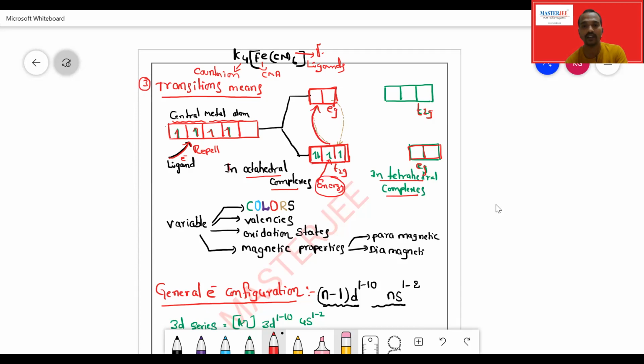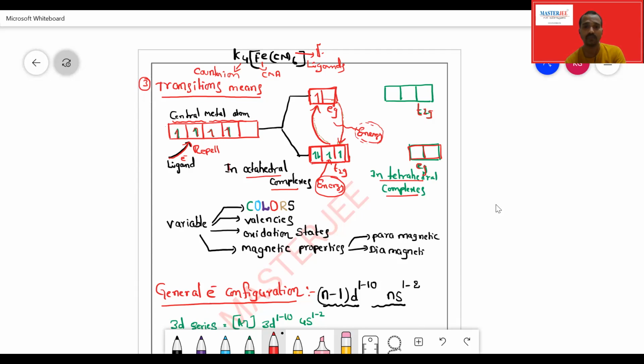After going there, it feels instability, so from there it has to come down again. The energy it gained before is released in the form of colored light, complementary colors, and then it reaches the stable state T2g. It absorbs a certain amount of energy from the visible region and releases a certain amount of energy, which appears in the form of different colors.